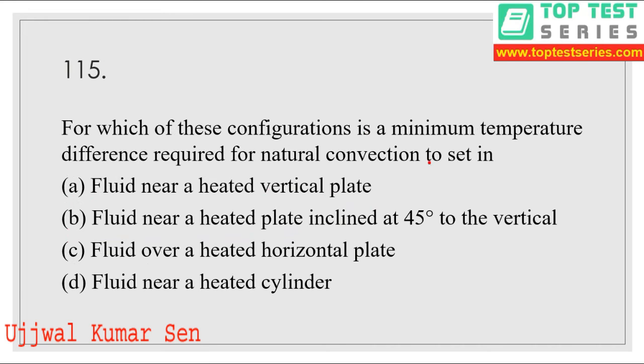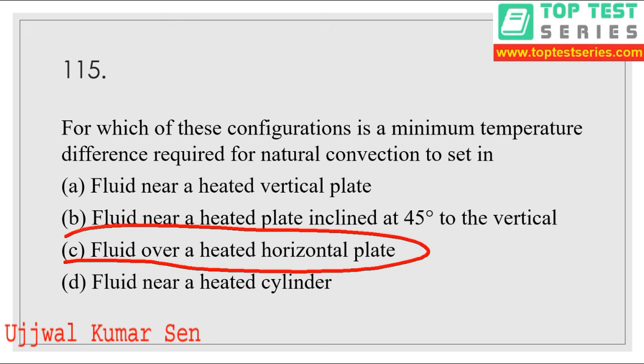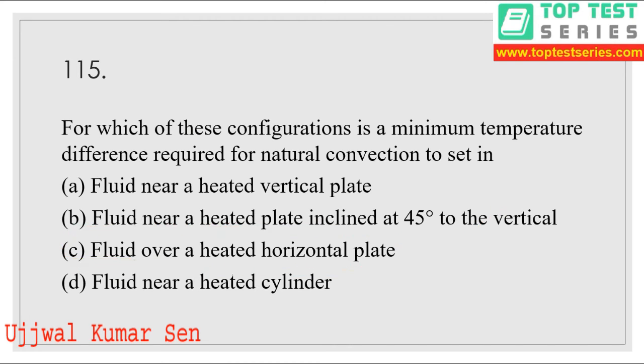My dear, for natural convection we require a flat plate, and we can say the plate is in the horizontal direction. Therefore option C is the correct answer. If you understand the concept of convection, then you can easily answer this question, because a horizontal plate is required.